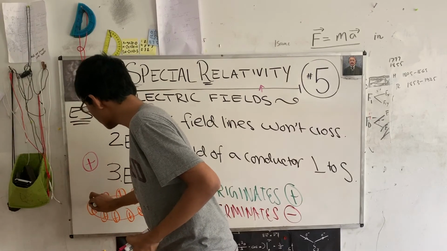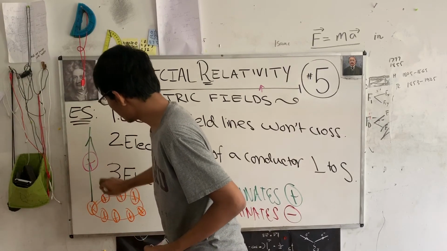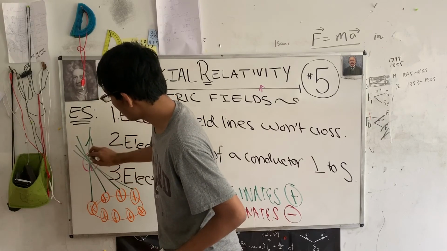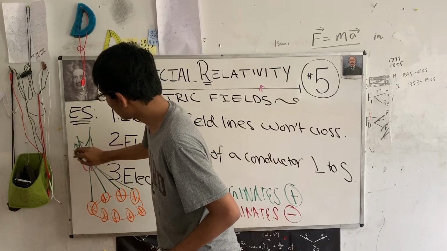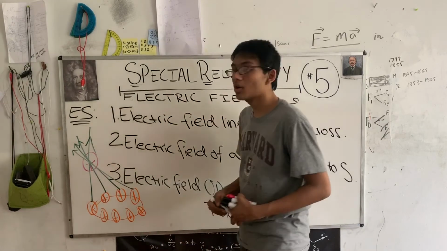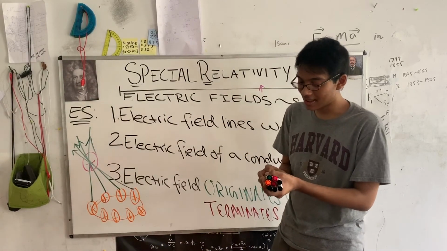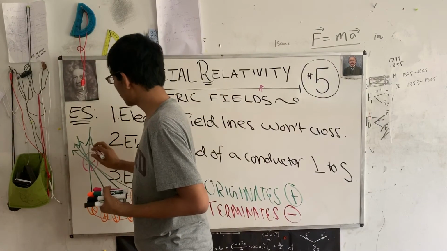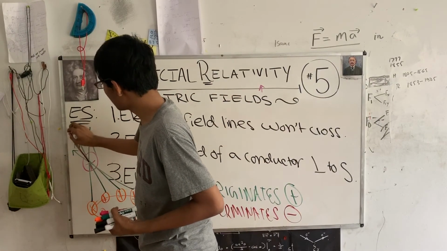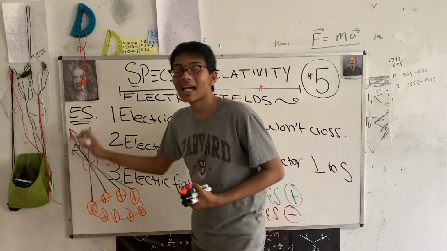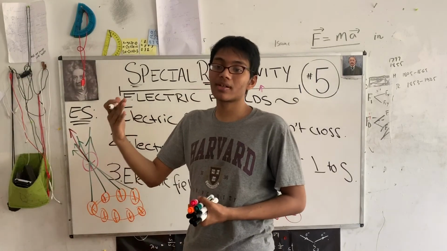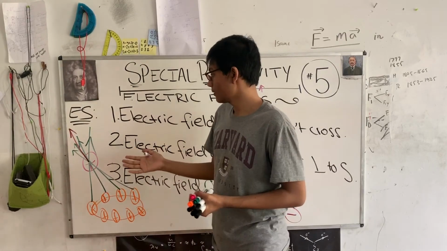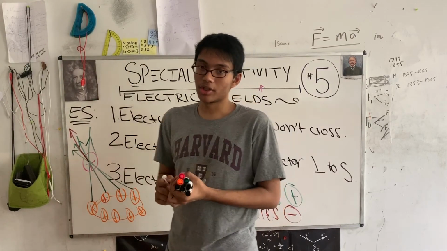One charge is going to repel it this way, one is going to repel it that way, and so on and so forth. So the net electric field at that point is going to be the vector sum of all of those electric fields. We have to take into account the contribution made by the electric field of every single charge that's in the vicinity of this test charge.